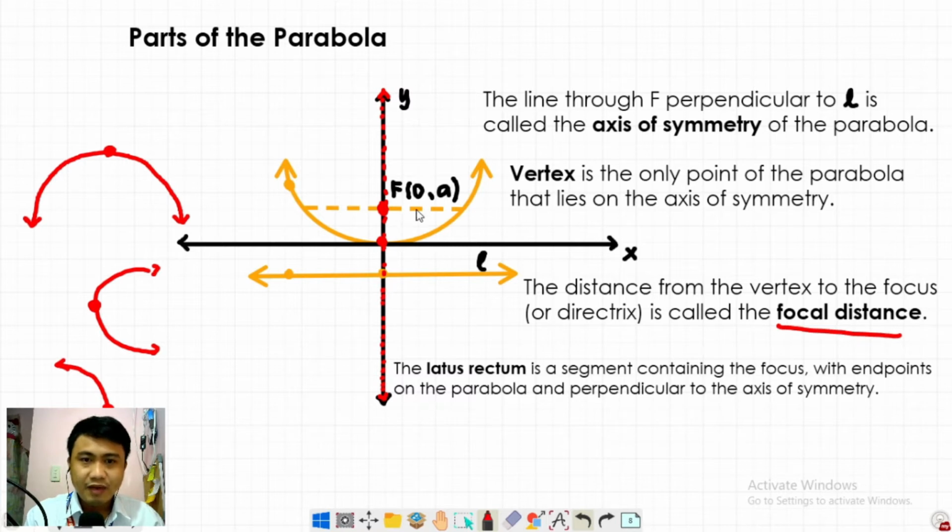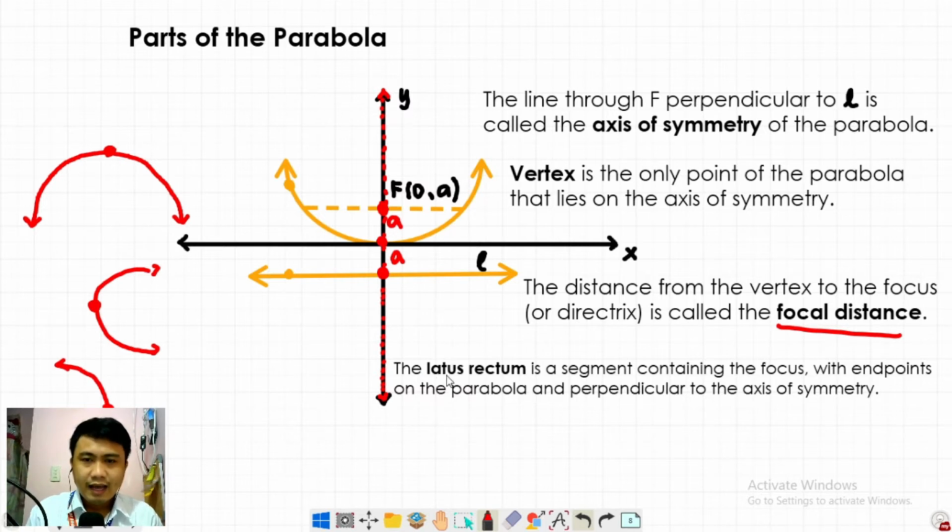At yan lang po yung A. Yan. So, yung A, kung ano yung focal distance, yan yung A. Or same through, pwede rin, ang focal distance natin, ayan, yan yung distance from the vertex to the directrix. Same lang. Ano yung measurement or distance nitong dalawa, which is A, ganun din dito. A din yan. Okay? That's the focal distance.